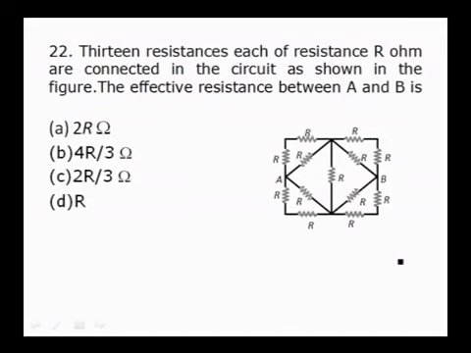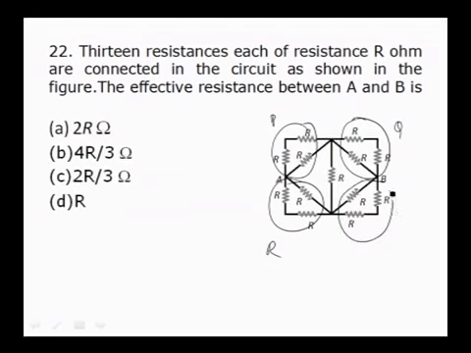Here, this looks like a Wheatstone bridge. I will take this whole thing as P, this whole thing as Q, this whole thing as R, and this whole thing as S. You observe the same connection over here and the same connection over here.